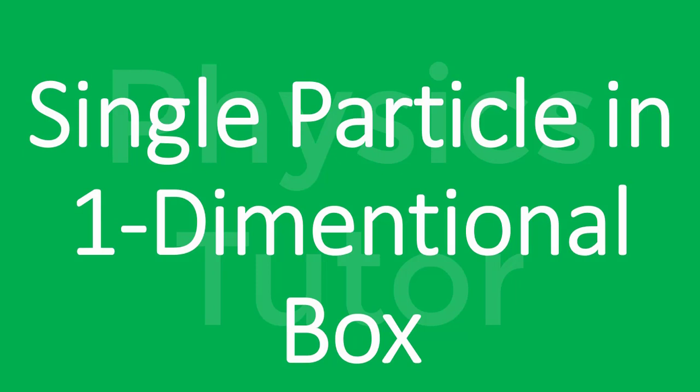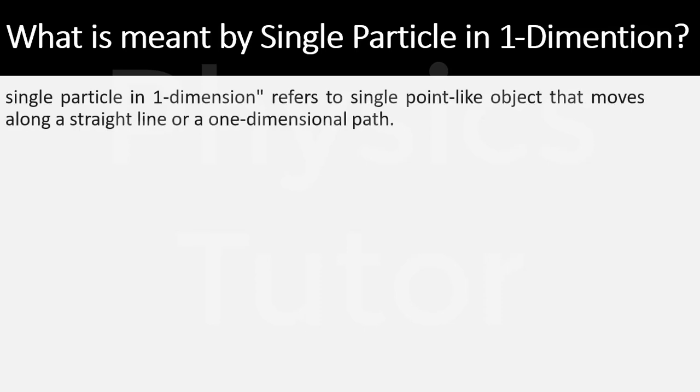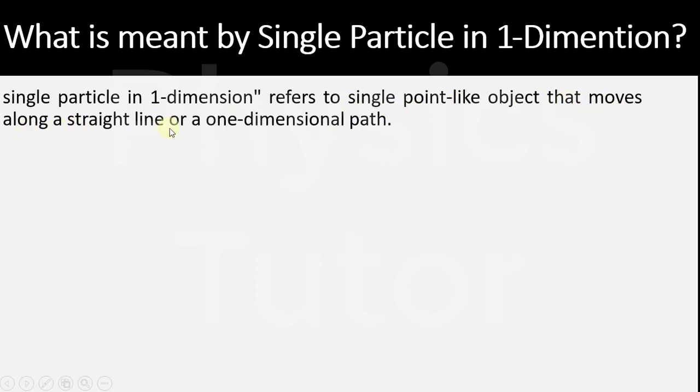Further, when we move about this topic, we see the definition of a single particle in one dimension. In simple terms, a single particle in one dimension refers to a single particle-like object that moves along a straight line or one-dimensional path.